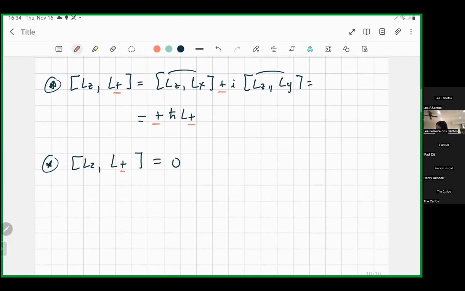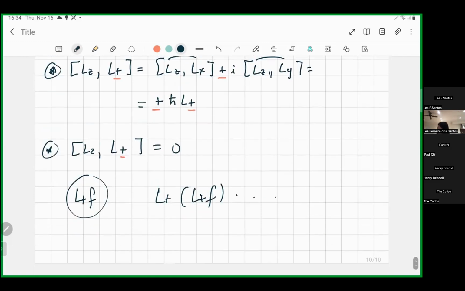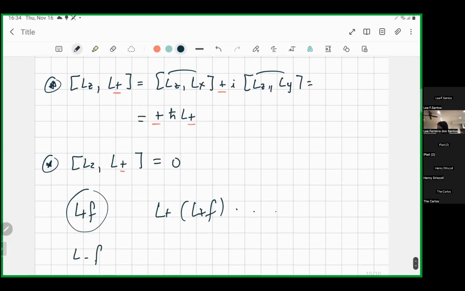If I have one solution F, then L plus F is also going to be a solution, and L plus of L plus F will also be a solution, and so on. And the same thing in the other direction: L minus will be a solution, and L minus of L minus will be a solution, and so on. This is what is going to help us to find the eigenvalues. But let's first prove that this is true.